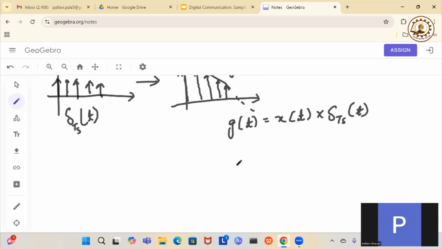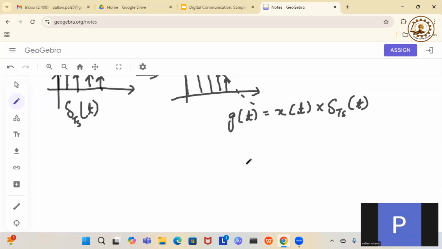So here I am writing the Fourier series expansion for this delta Ts of t. That will make it easier for you. For simplified purposes, we have done it in the previous lecture, so here I will be writing it in the simplest form itself.